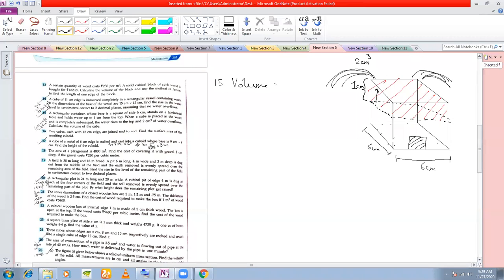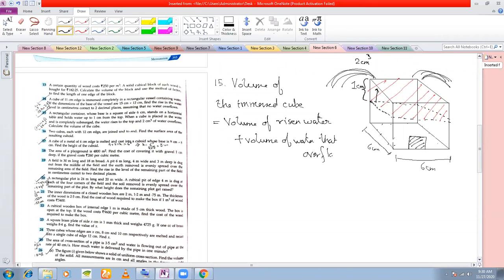Volume of the immersed cube must be equal to volume of risen water plus volume of water that overflows, right? That is the volume of displaced water.